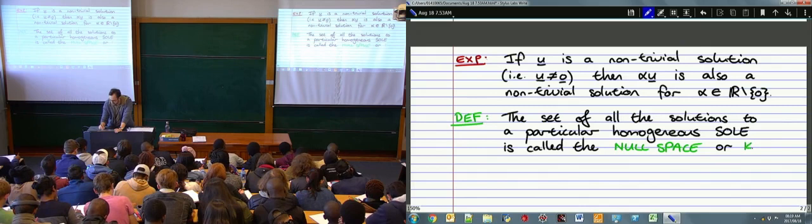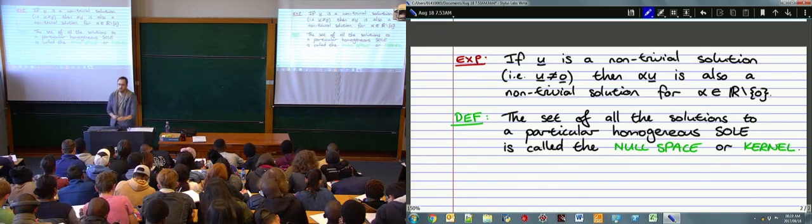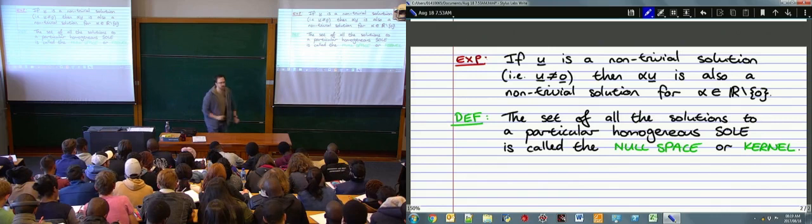For the most part in this course, I think we're going to use the terminology null space rather than kernel. But if you're reading books in the library or looking at things online, you might see kernel. And you should just understand it means the same thing.